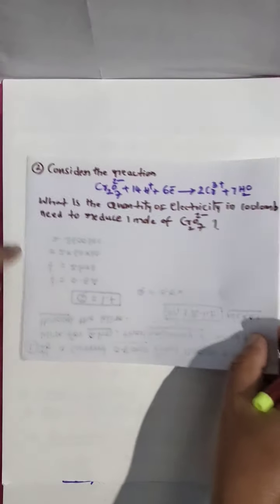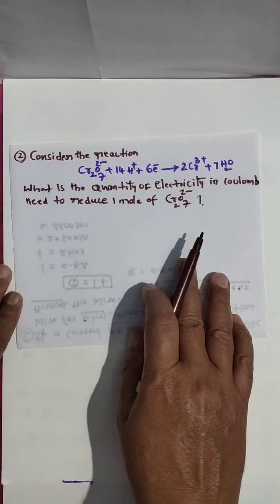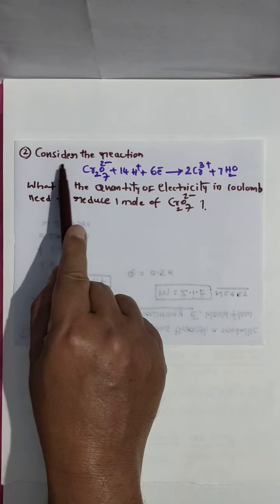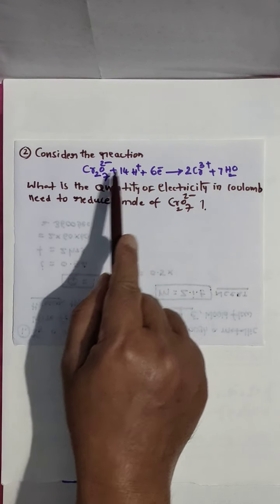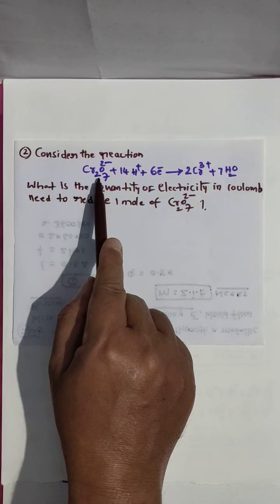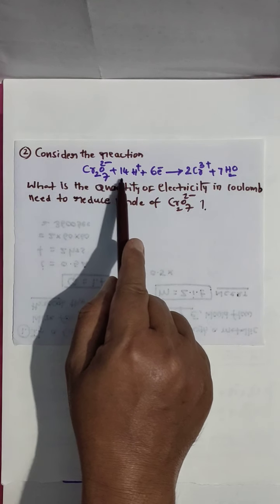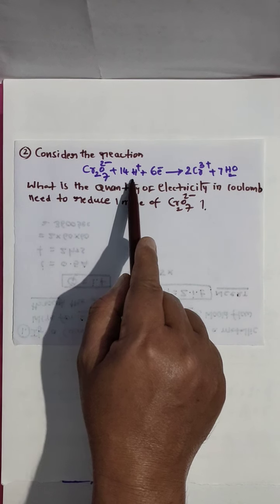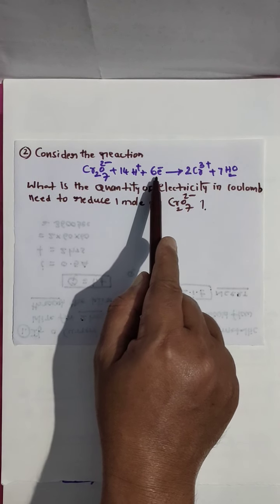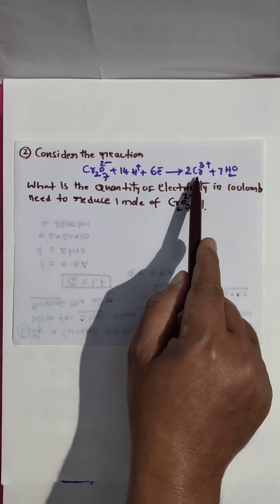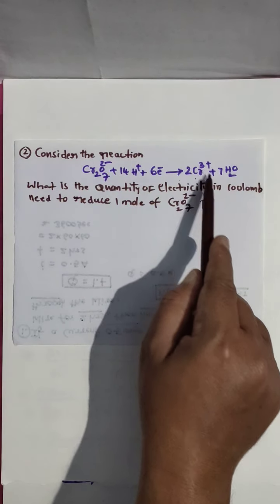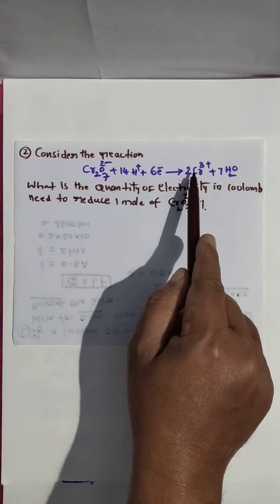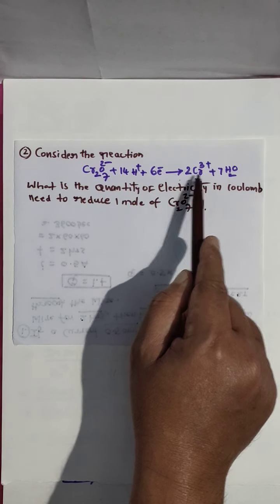Next, here another problem is given in your NCERT book. Very important. Consider the reaction: dichromate, Cr2O7 2 minus plus 14H plus plus 6 electrons giving rise to chromium 3 plus and 7 water. It is a balanced equation, or we call it a redox equation.